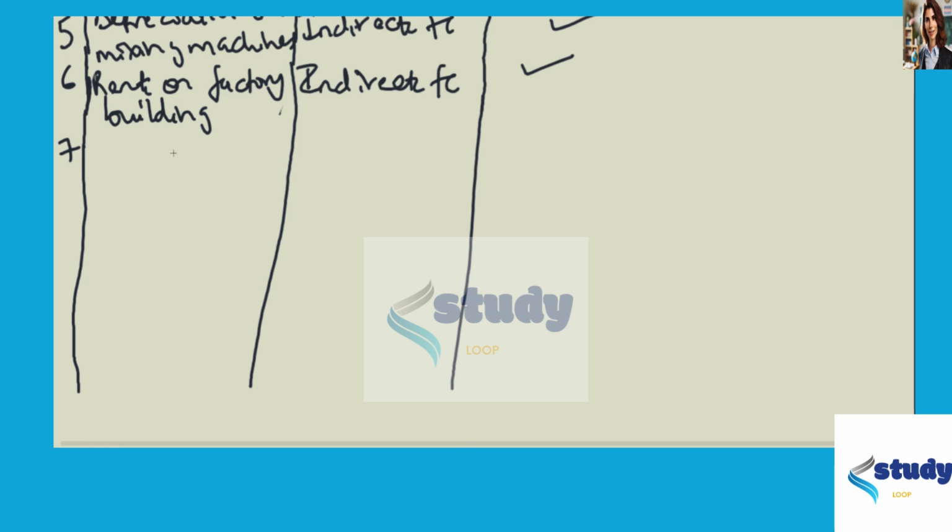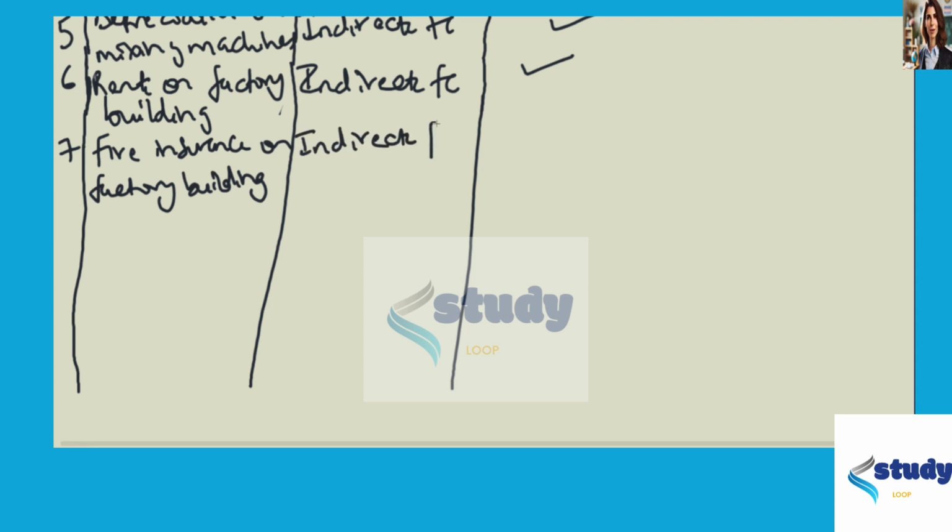The seventh one is the fire insurance on factory building, and this is an indirect fixed cost, also for the same reason.